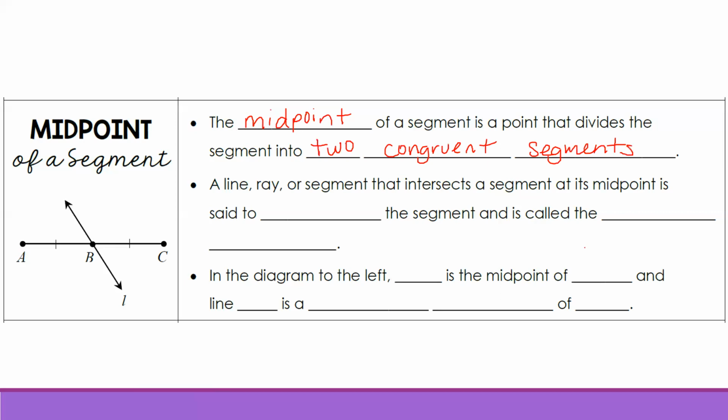A line, a ray, or a segment that intersects a segment at its midpoint is said to be a bisector, or to bisect the segment. So it is said to bisect the segment and is called the segment bisector.